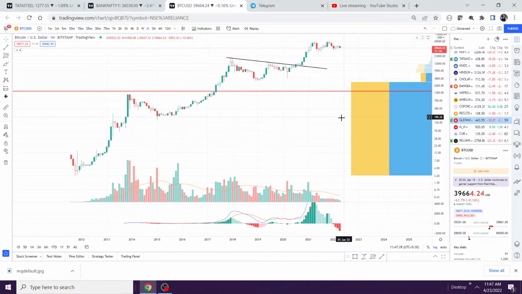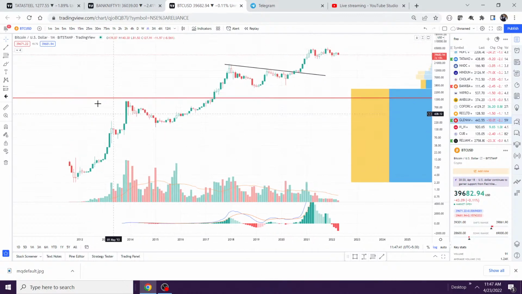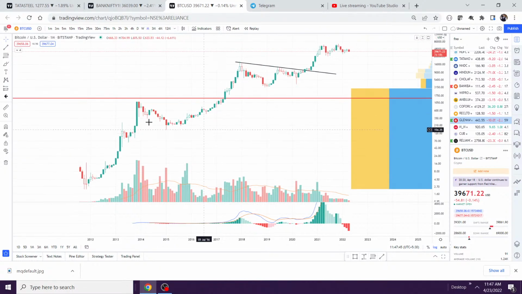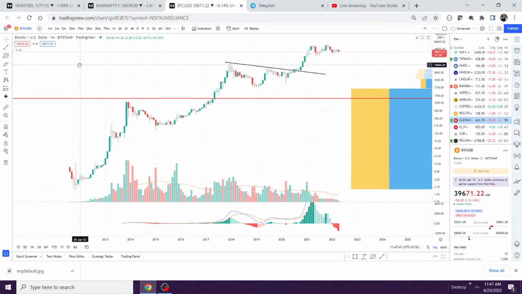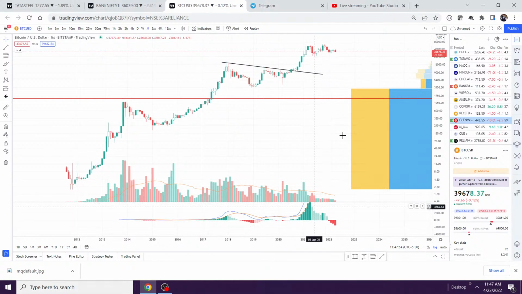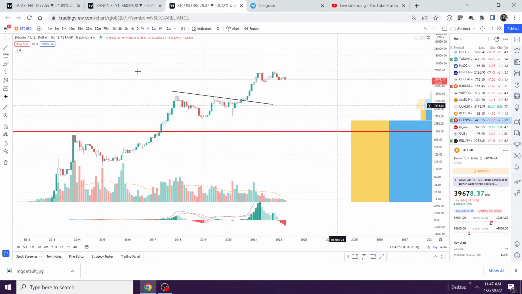See, this is a different chart. This is a Bitcoin chart, but the same concepts apply here. This is the monthly chart, and you can see there is no divergence as of now. So there will be a pending fifth wave in this.